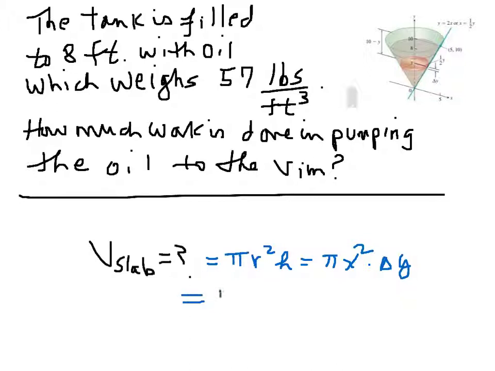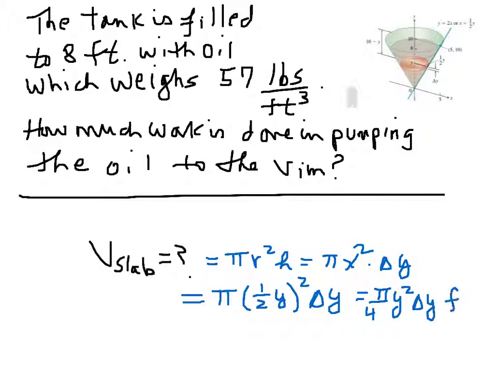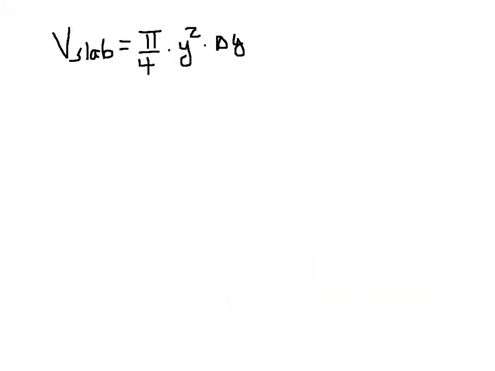And remember, x is 1/2 y, and so what we get is that this is going to be 1/4 pi, or pi over 4, y squared delta y, and that's volume, so this is cubic feet. Okay, so the volume of the slab is pi over 4 y squared times delta y cubic feet.